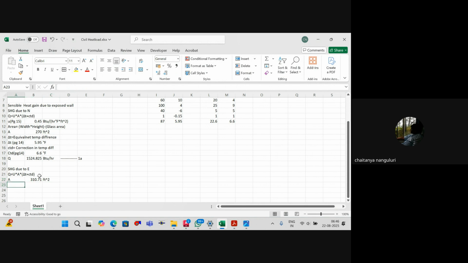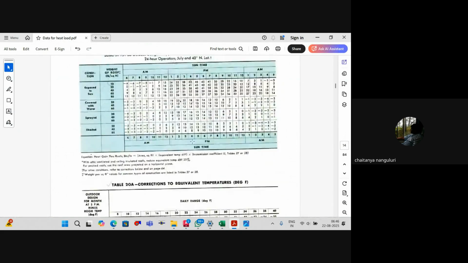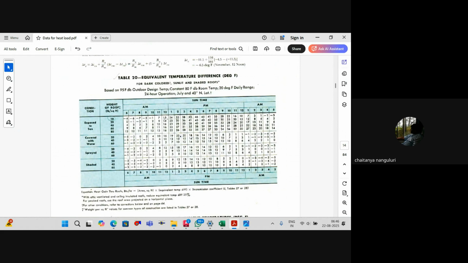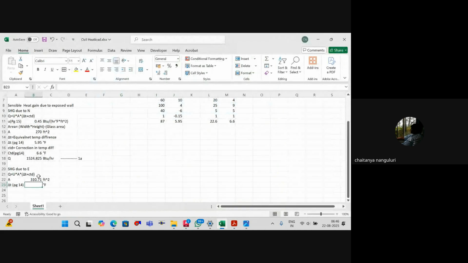Then coming to delta T. Delta T we will again get from the data book. Let's go back to page number 14 again. Don't you think you have to calculate your delta T value? The U factor will be the same anyway.